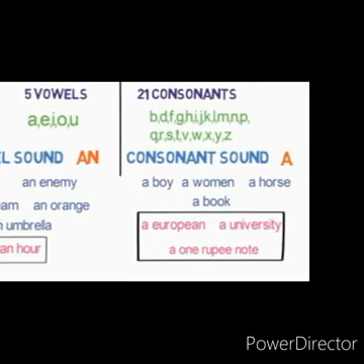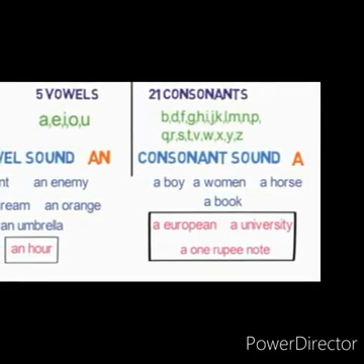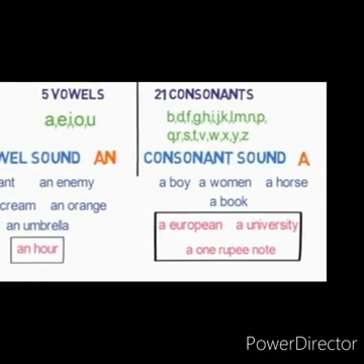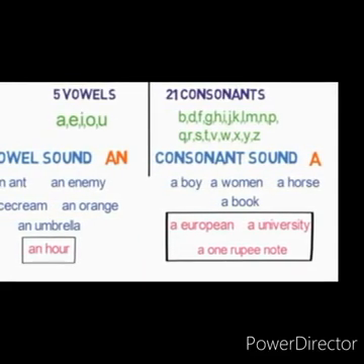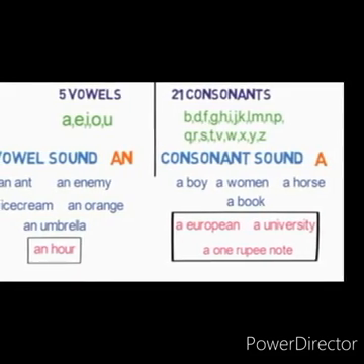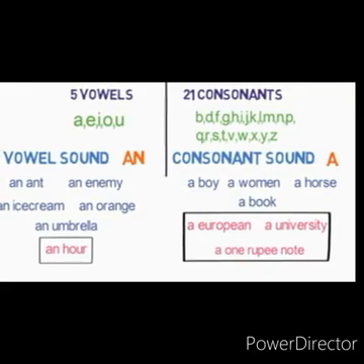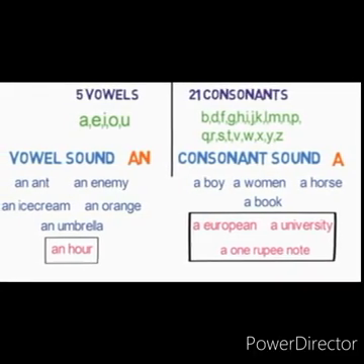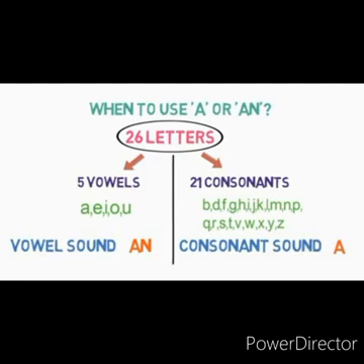That is why we have used article a before these words. So remember to check the sound of the word before using article a and an. So with vowel sound an and with consonant sound a.